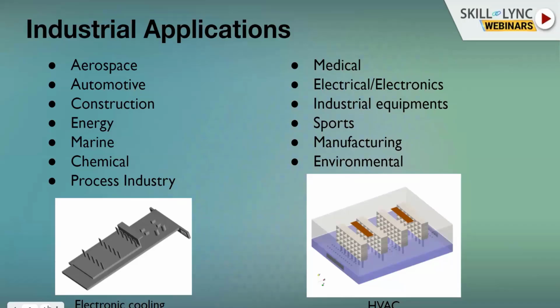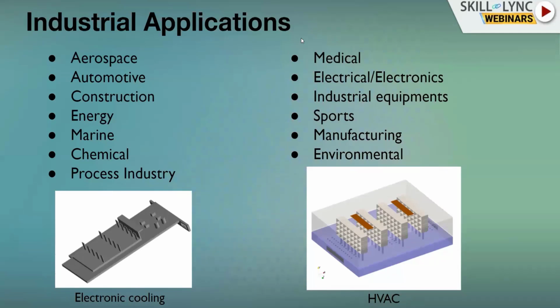Electrical and electronics, I think it's almost established now. Many electrical and electronics companies were using CFD, like for electronics cooling, electrical cooling, motors, cooling for the motors, electrical panels. So almost it is there. It's a well-established one. And industrial equipment is the other one, like blowers, pumps, boilers.